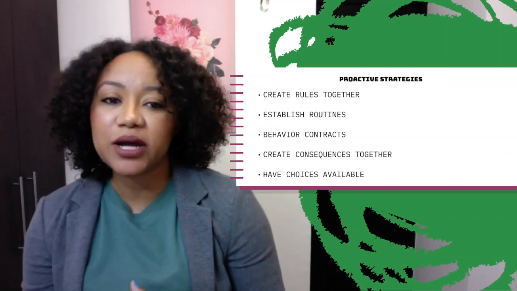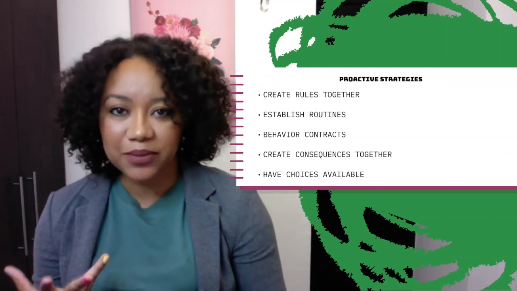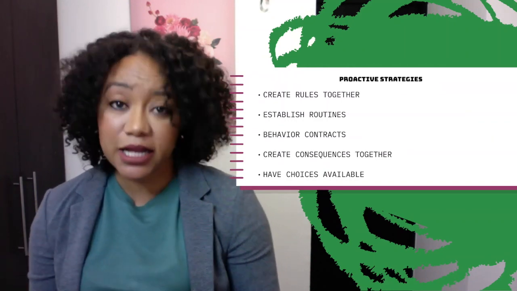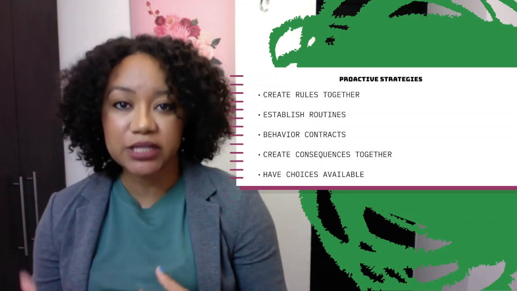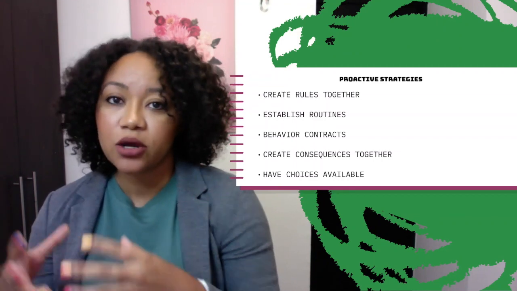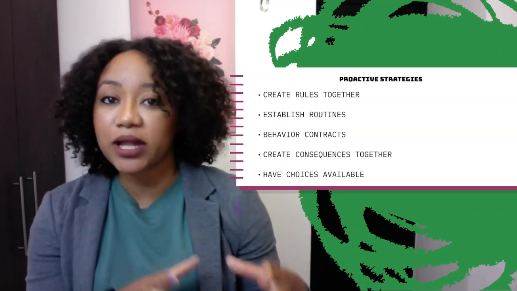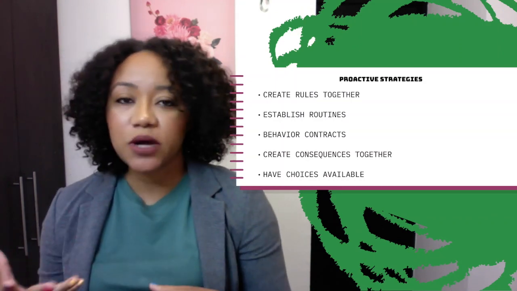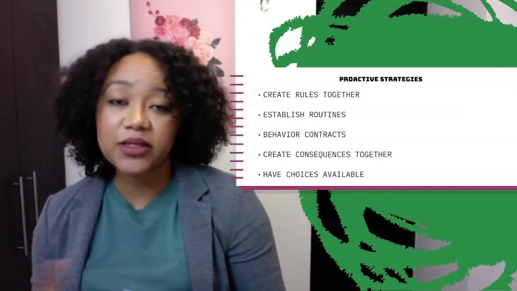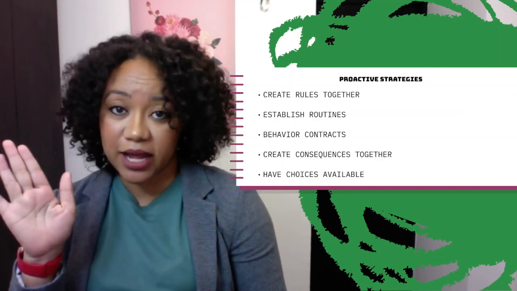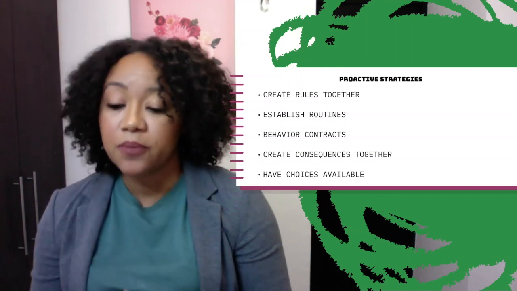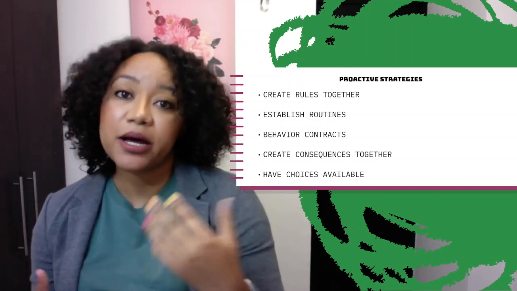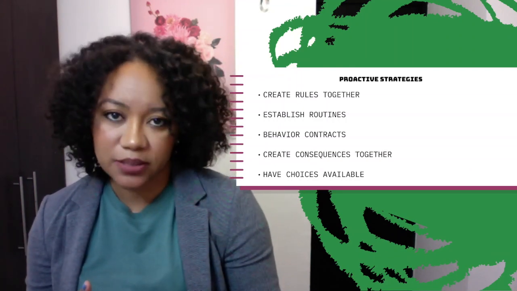So when it comes to another proactive strategy, it would be establishing routines. Now in the classroom, if the students know the routine for going from group work back to a whole class setting, then the transition will be much smoother, as well as using the bathroom. If they need to use the bathroom and they know that the routine is to raise their hand and ask if they can use the restroom. Maybe the routine is they come up to the teacher's desk and they ask if they can use the pass.